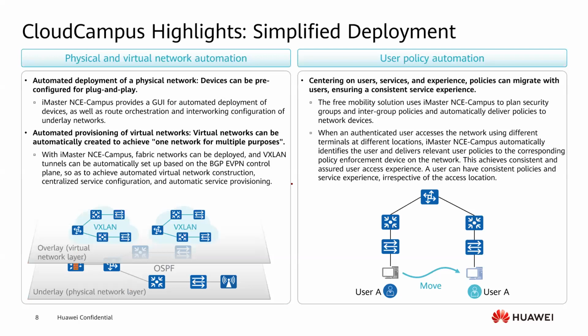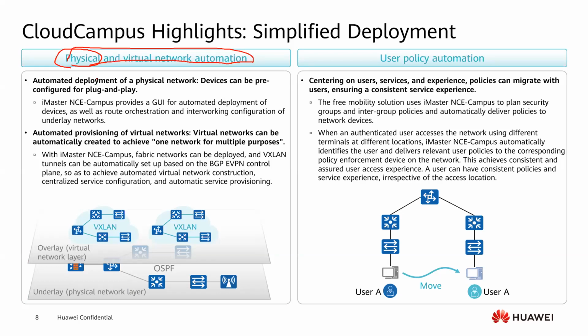Next, we will introduce some highlights of the cloud campus used in the large and medium-sized scenario. First is simplified deployment, with physical and virtual network automation. That means for the physical network, the controller can automatically deploy the communication of the physical network.